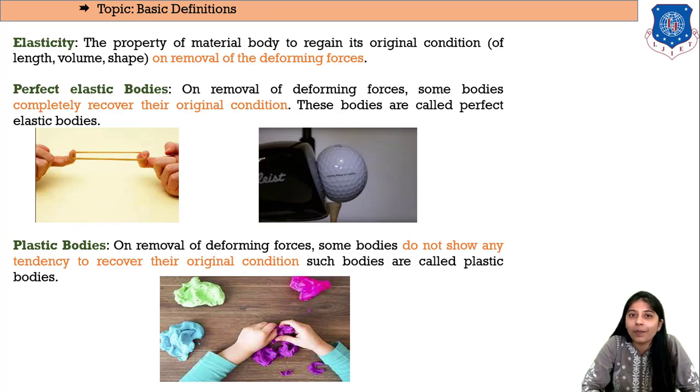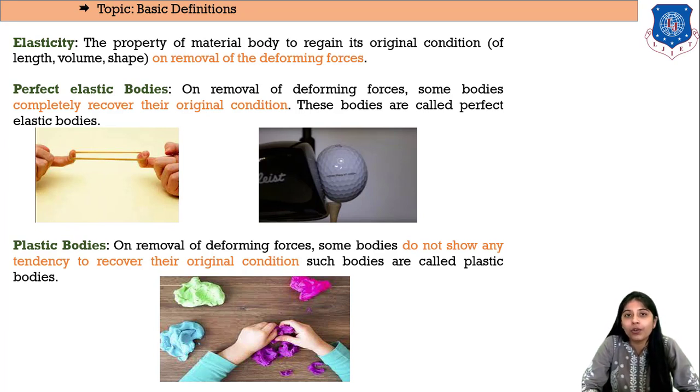Elasticity is the property of a material, object or body to regain its original condition on removal of deforming forces. Suppose a deforming force is applied on a body, then there are some changes in the body. The changes may be in length, volume or shape.